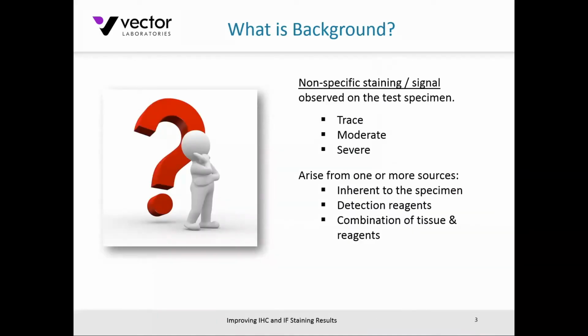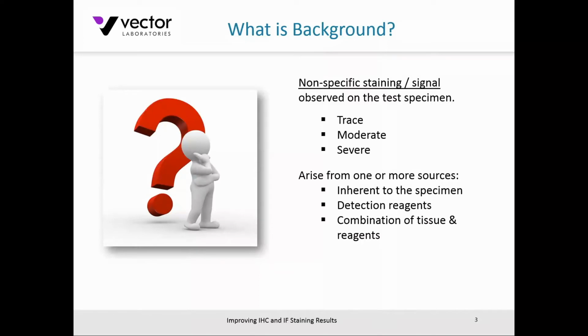So what is it I'm referring to when I talk about background? I've got a little bit of a definition here: non-specific staining or signal observed on the test specimen. I am using the phrases background and non-specific staining here interchangeably. But really what I'm getting at is it's unwanted staining on your test specimen.